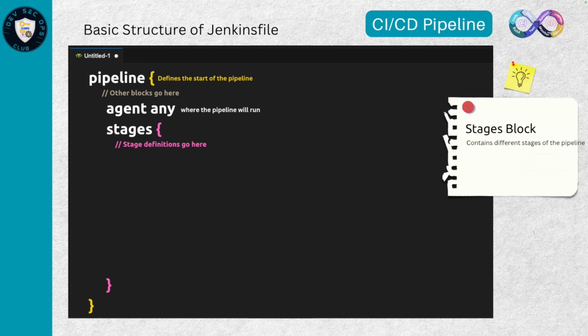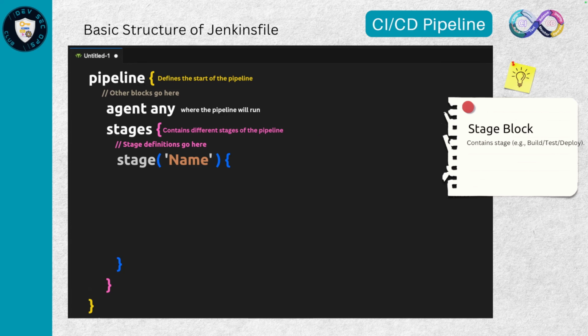contains all the stages of your entire automation, entire pipeline, or entire work you want to perform automatically. Okay, so this goes over here. So very simple, first is pipeline, second is agent, third is stages, and after that inside that stages block we define stage.